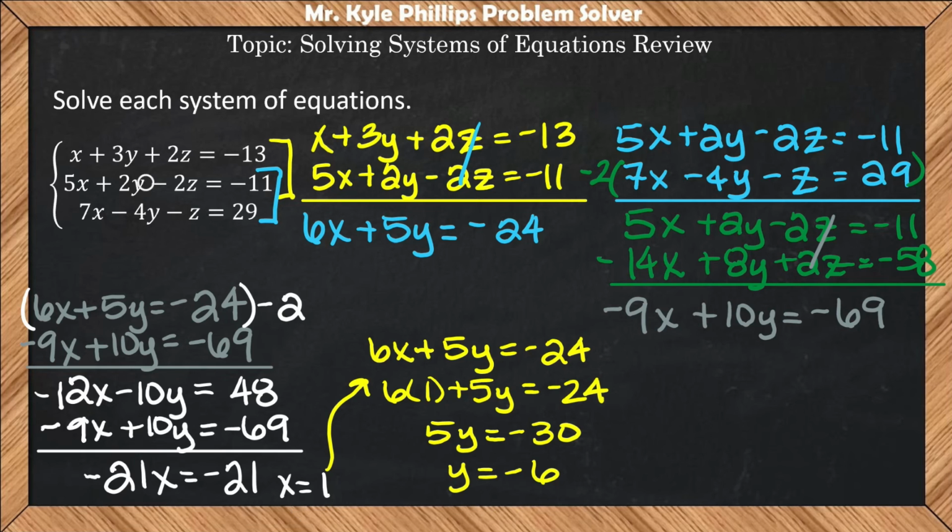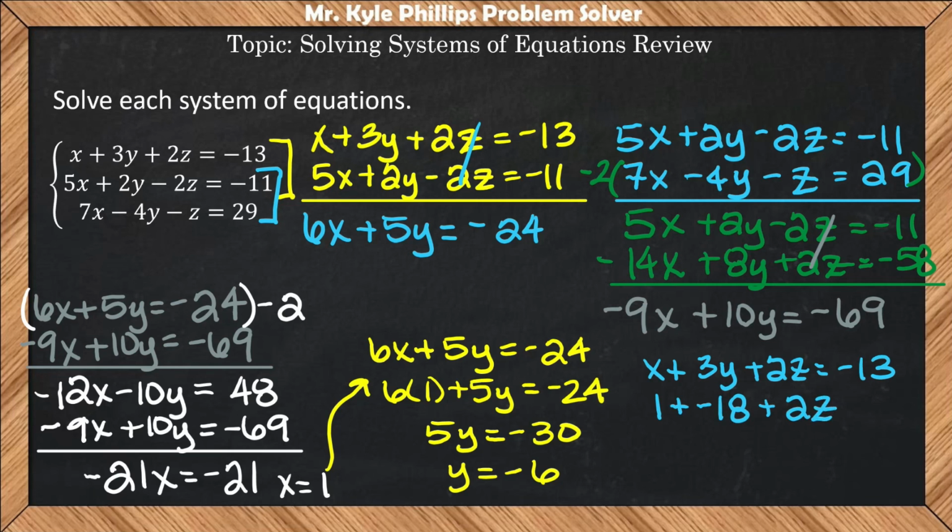So now what I want to do is take these two and plug it into one of the originals so that I can find my z value. So I'm just going to write out the top. It really doesn't matter which one you pick. You're going to get the same answer for all of them. So here I have x plus 3y plus 2z equals negative 13. And I'll substitute in 1 for x, negative 6 for y. So 3 times negative 6 is negative 18.